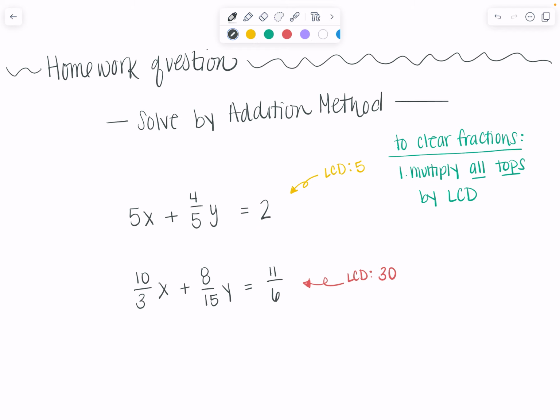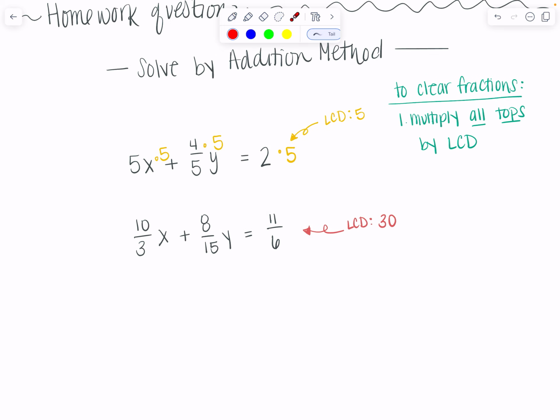So the least common denominator is going to be 5, and I'm going to multiply all terms by 5. When I simplify, 5x times 5 is going to give me 25x.